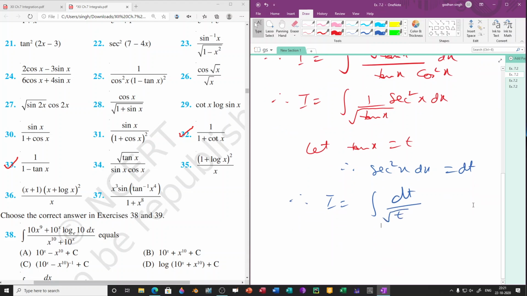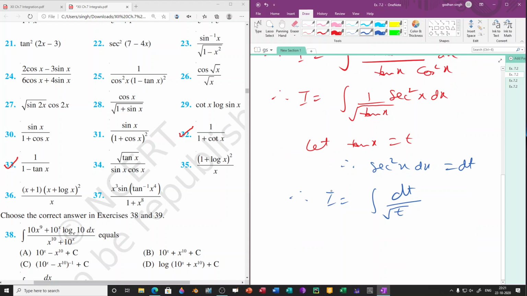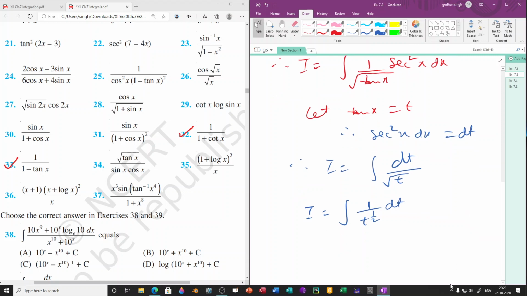Now this can be written, so we get I equal to integration of 1 by root t, which is 1 by t raised to 1 by 2 dt, and this further can be written as t raised to minus 1 by 2.